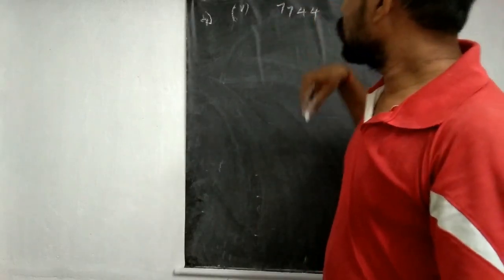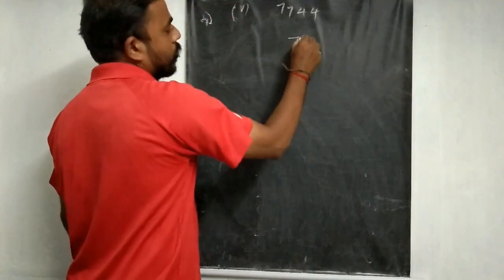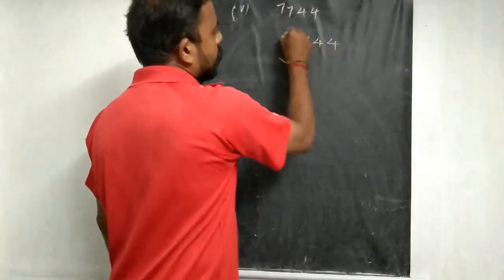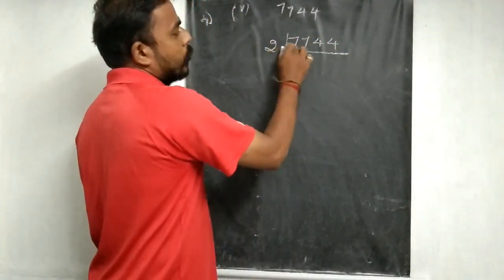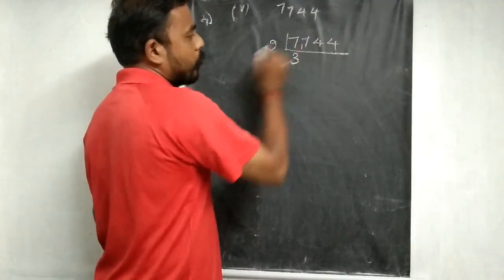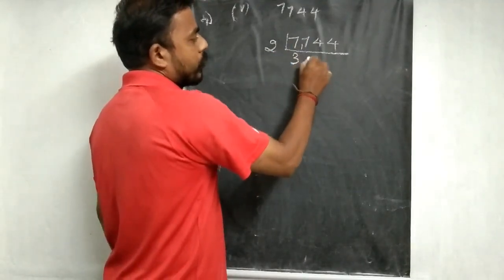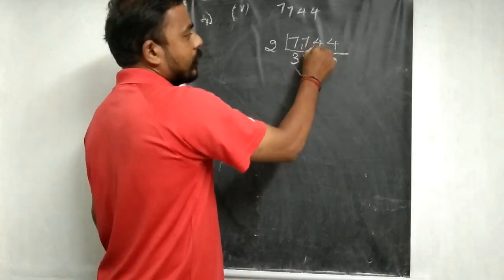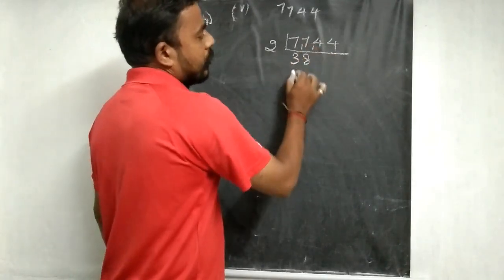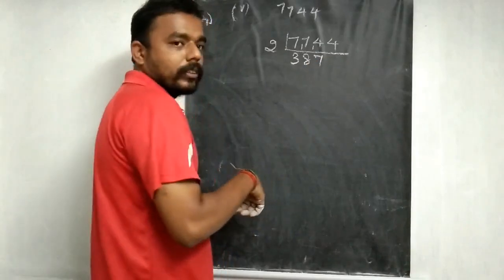7744. Prime factorization of 7744. 2 3s are 6, remaining 1. So 8 2s are 16, remaining 1. 7 2s are 14.